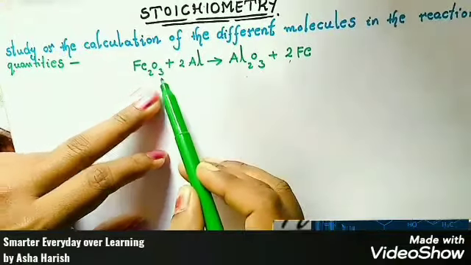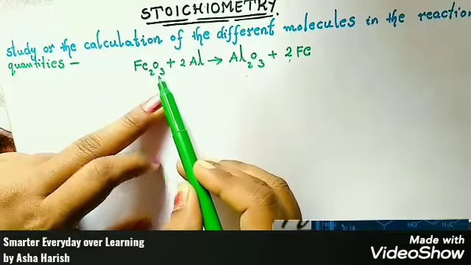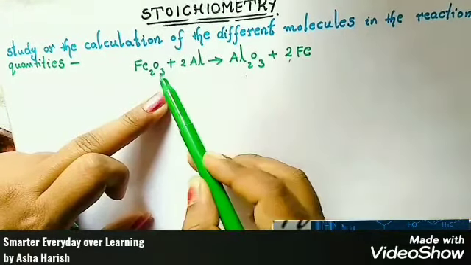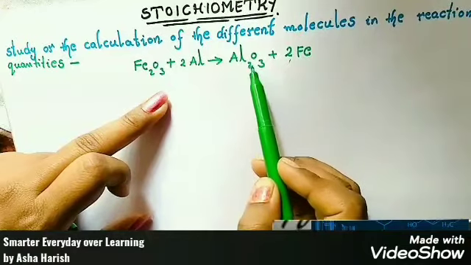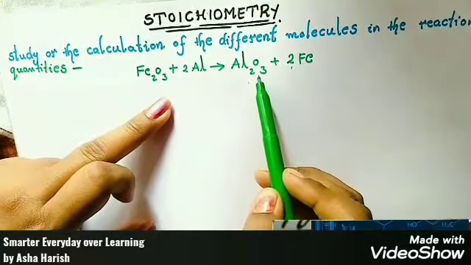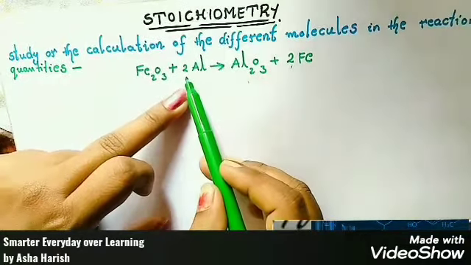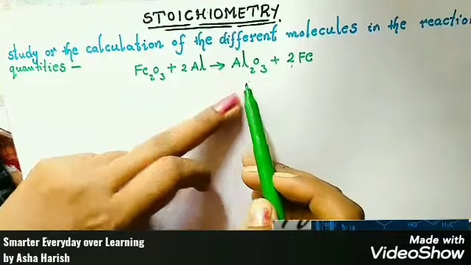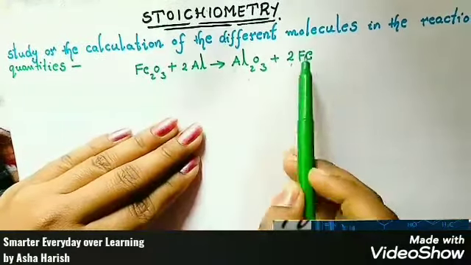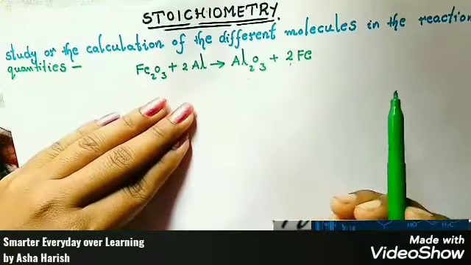Coming to oxygen, there are 3 oxygen atoms on the reactant side, and on the product side also 3 oxygen atoms are present. Aluminium, here 2 atoms, here also 2 atoms. So students, this equation is a balanced chemical equation.